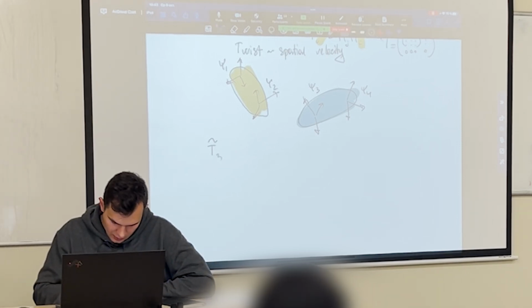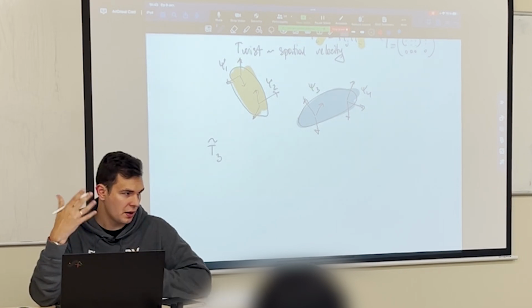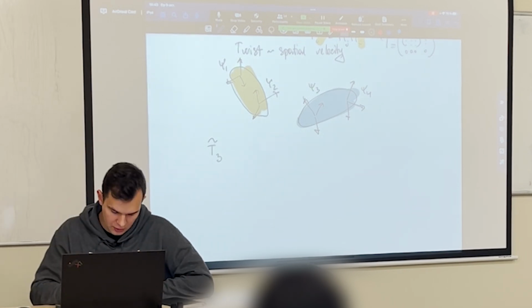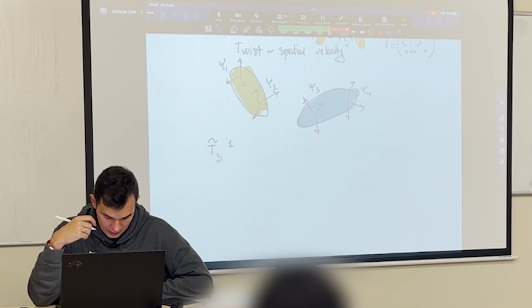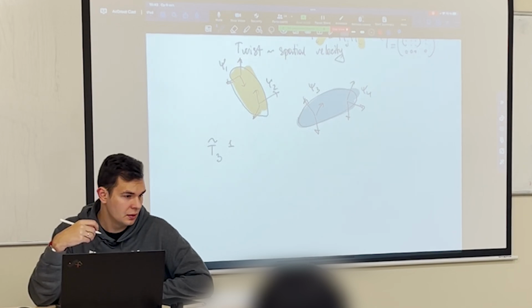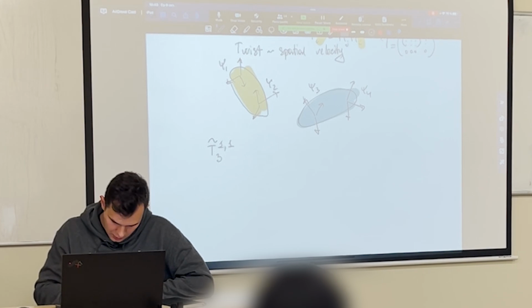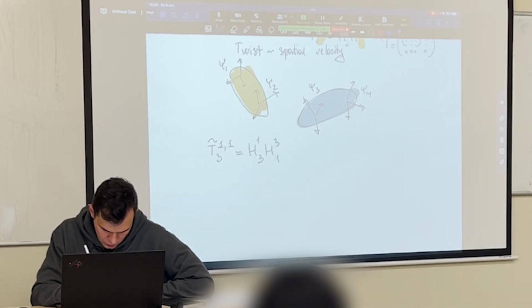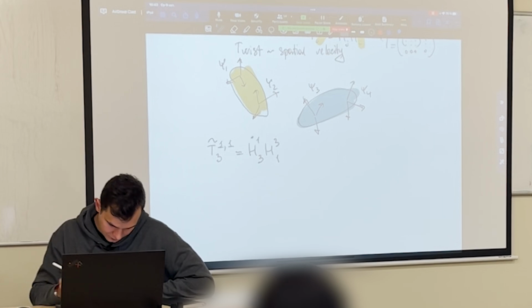Let us express it in frame 1. So the mnemonic rule 1, 1, 3, 3. Where should I put a dot? On the left.